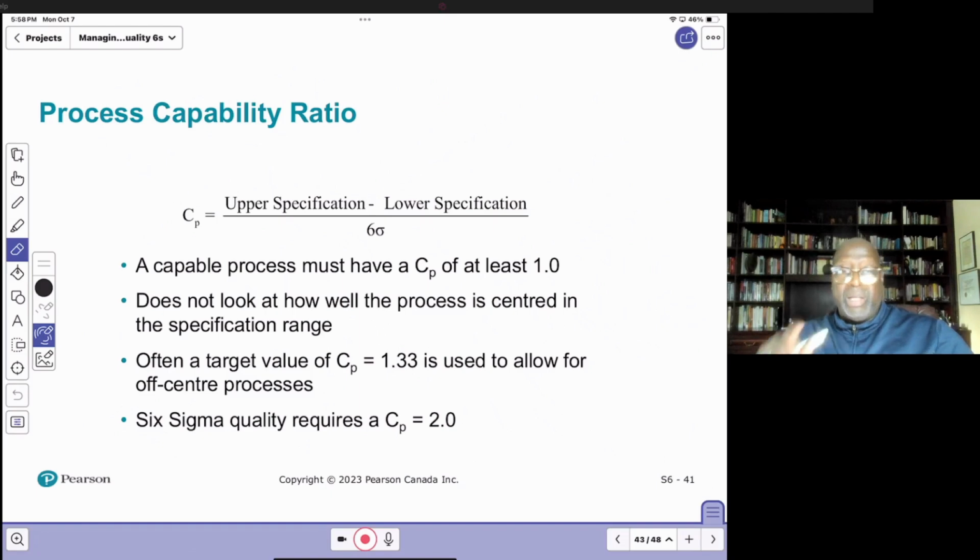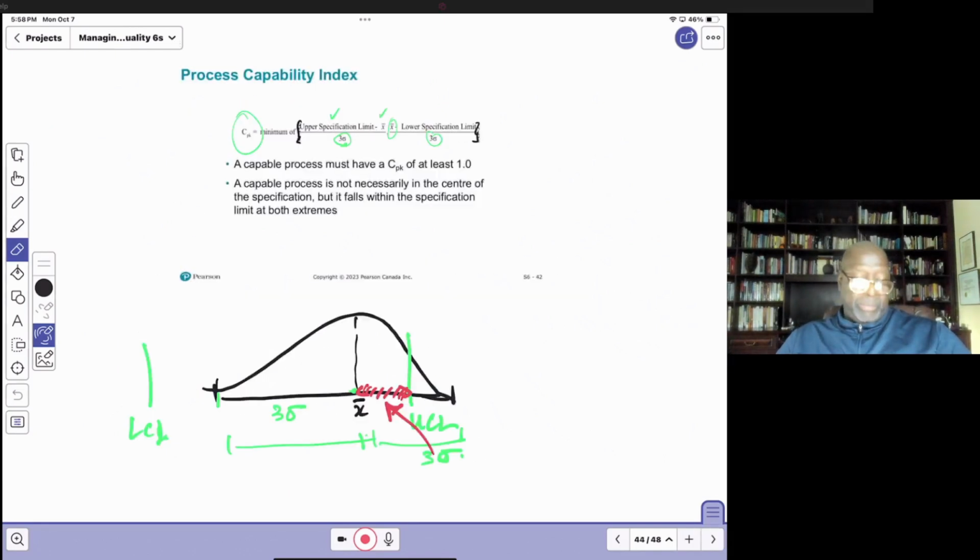If it is off center, there's a chance that one of the limits may not be satisfied. Often a target CP of 1.33 is used to allow for off-center processes. Six Sigma quality requires a CP of 2. Remember I said you have to reduce the variability by half when you're talking about a Six Sigma program. That's what we'll be looking to do.